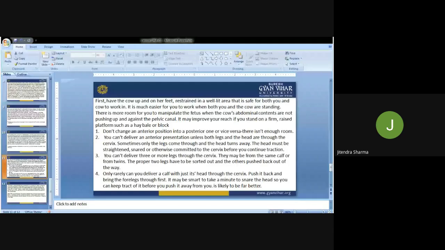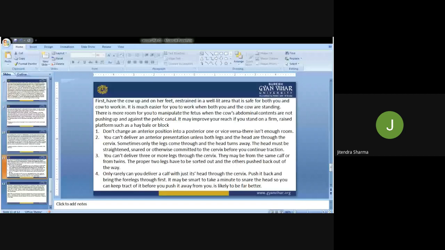If the fetus is out of position, or in any other position, then you push the fetus back inside the uterus. Then you manually interfere and promote the correct situation, so that first the four legs will come, then the nose and the head of the fetus, and this is the right process of the fetus coming out. Otherwise, with any other position, you are supposed to push the fetus back inside the uterus.